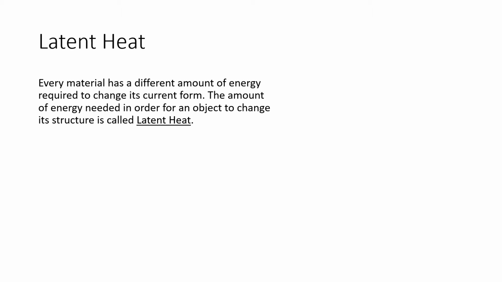Or I should say, one state of matter to a different state of matter. So each material has its own different latent heat. And hopefully I can make this a bit more clear in a slide or two.